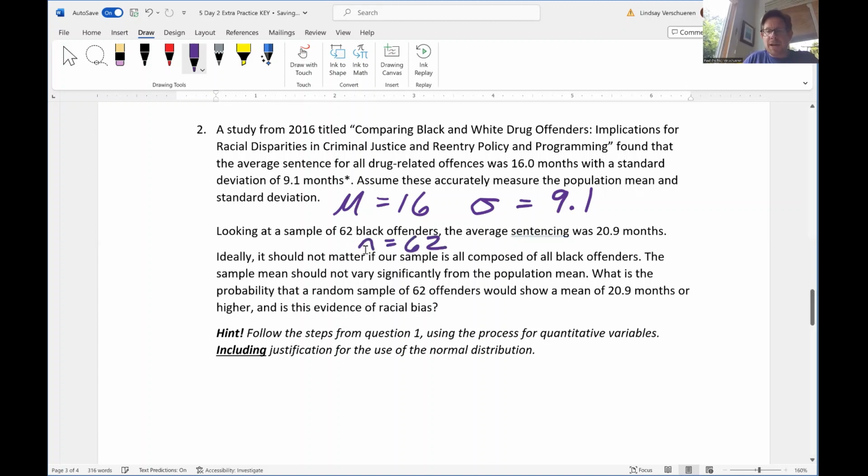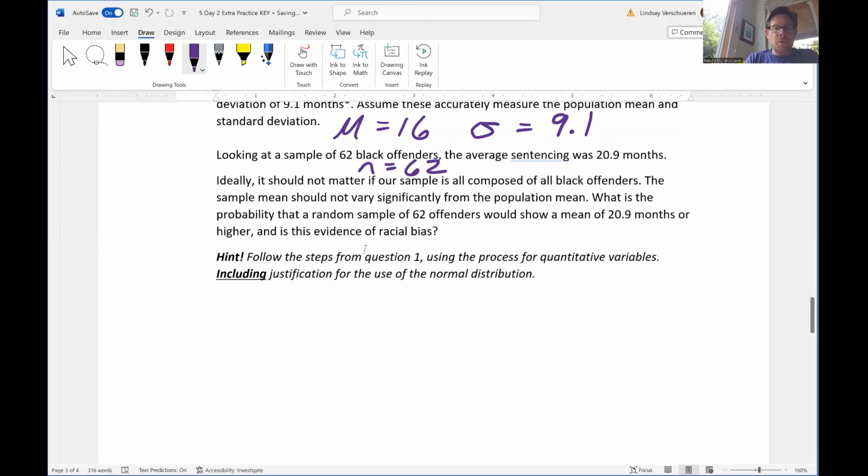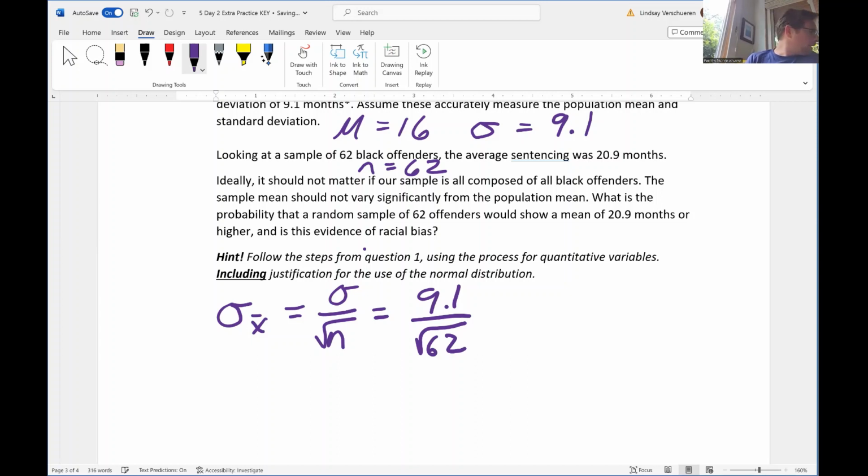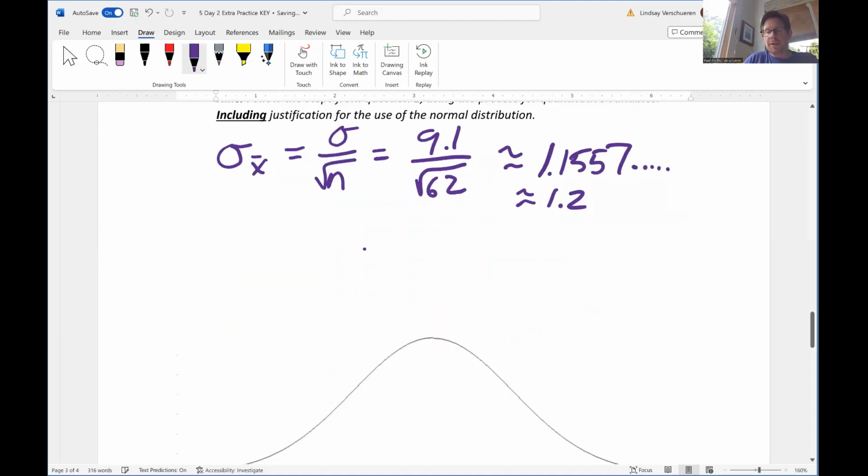And it's a pretty simple calculation. If you want to know the standard deviation when you're comparing means, you take the standard deviation for individuals and divide by the square root of n. So that 9.1 we've seen, and we know the sample is size 62. So this works out to be about 1.1557, let's just call that about 1.2, which is exactly where we get that 1.2 down here.